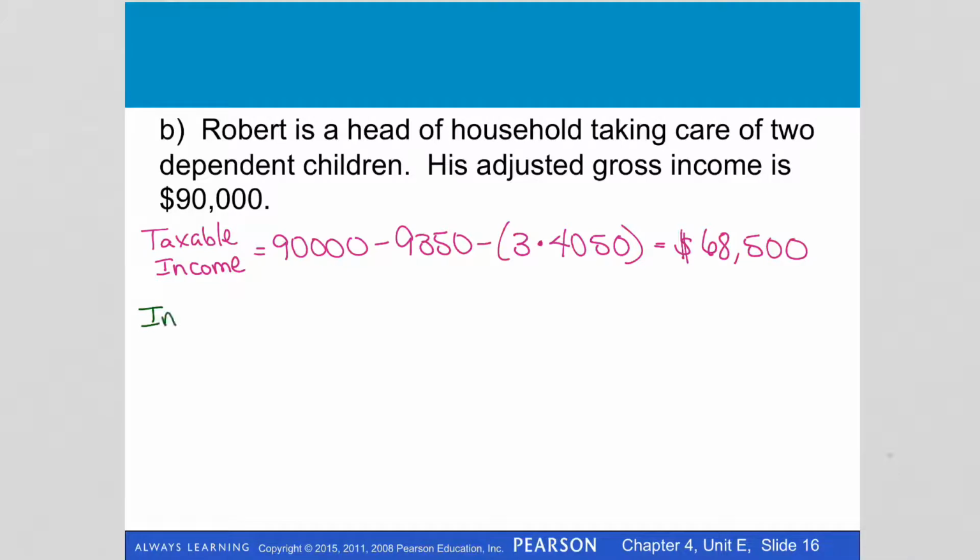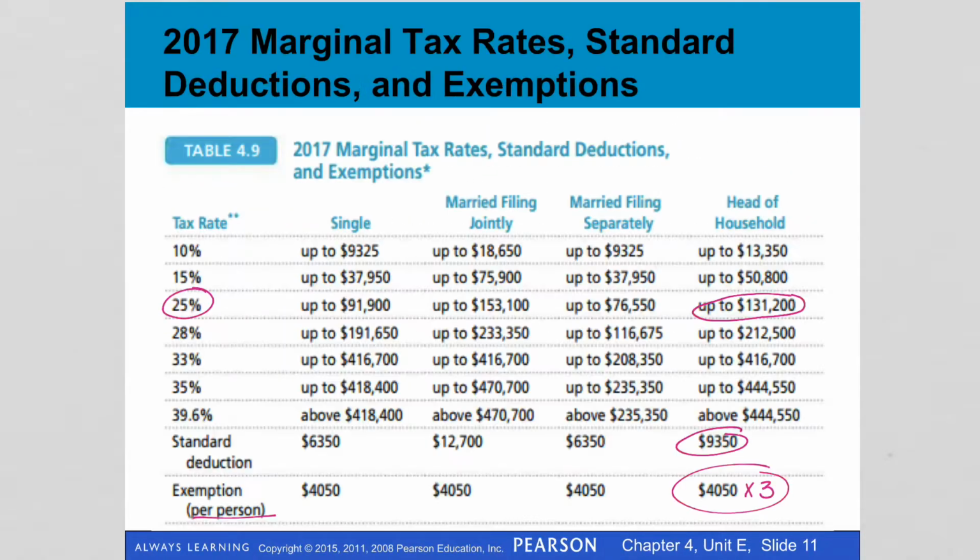So his income tax is, there's a part at 10%, there's a part at 15%, and there's a part at 25%. So let's see what that is. The 10% part is $13,350.